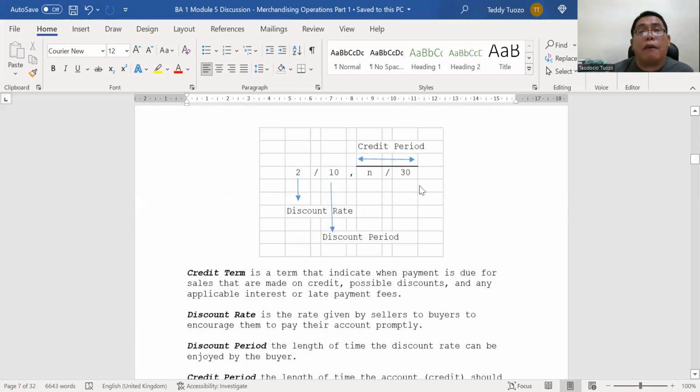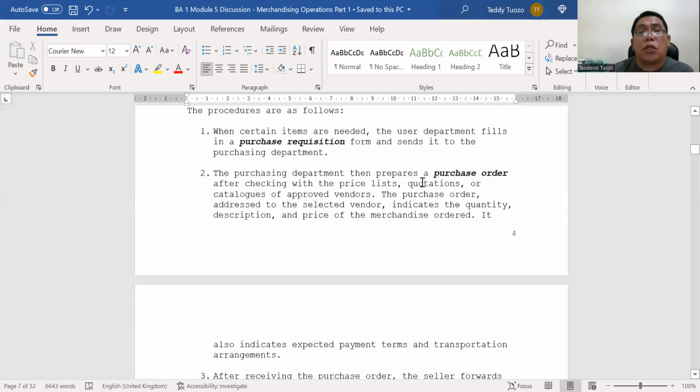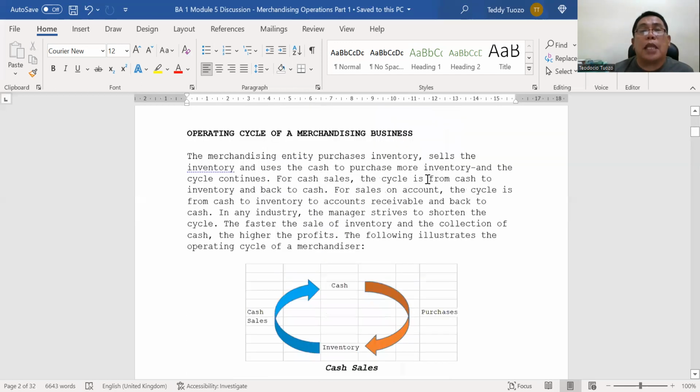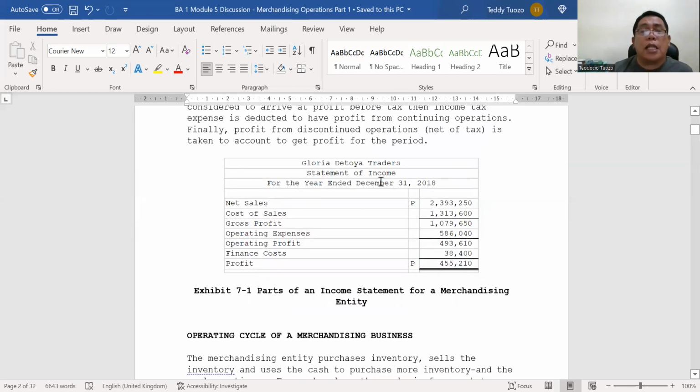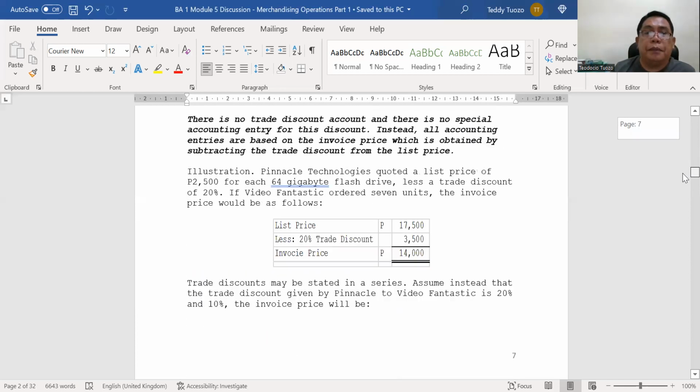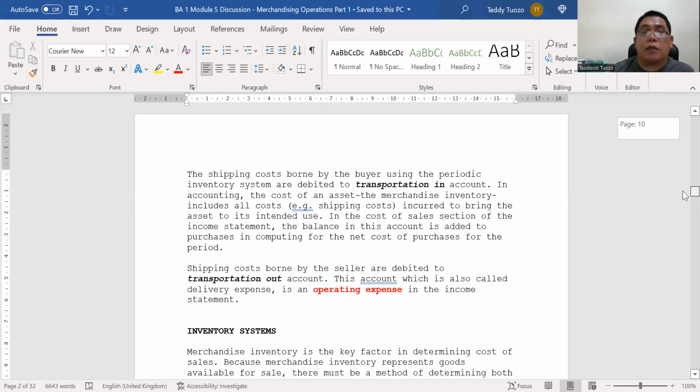Because we still have to have the information as to the sales discount and sales returns and allowances. But in the notes to financial statement, you have the details as to how much is the gross sales, how much is the sales returns and allowances, and how much is the discounts, to arrive at the net sales, of course.